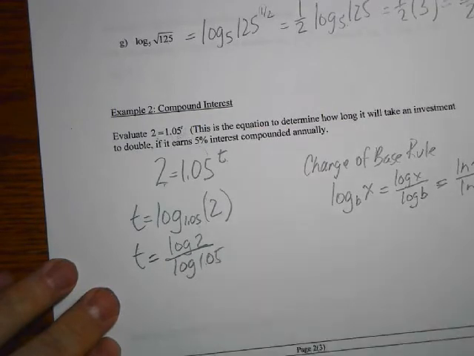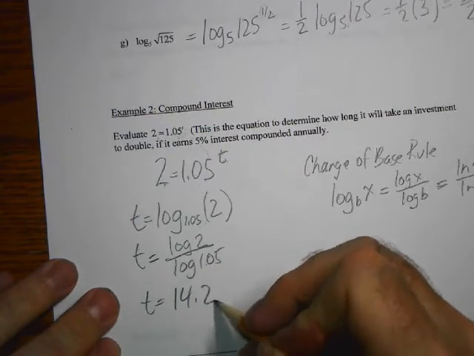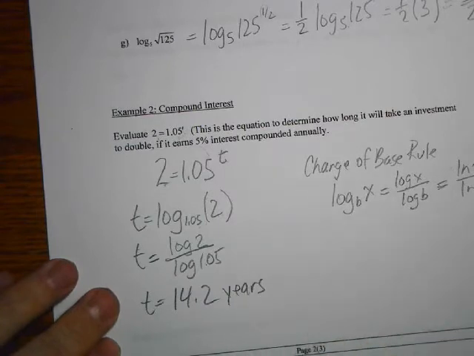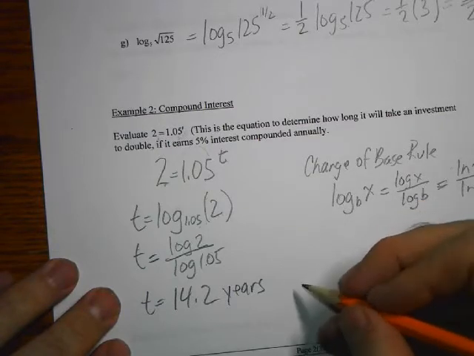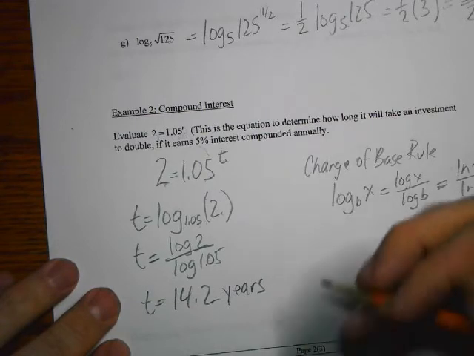You do that on a calculator, you get, rounded, 14.2, and that would be in years. And remember, 0.2 of 12 would be 2.4 months.